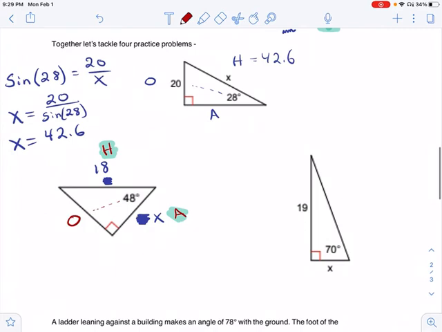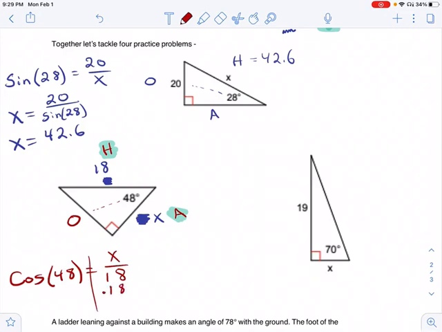And then I'm just going to try writing my equation and see where I'm at. So I have cosine of my reference angle, or 48 degrees, is going to equal x over 18. So we might see here kind of why I made that swap was in this case, the value that I'm looking for is in the numerator. So I don't want to overcomplicate this. In order to solve for x here, x is being divided by 18.